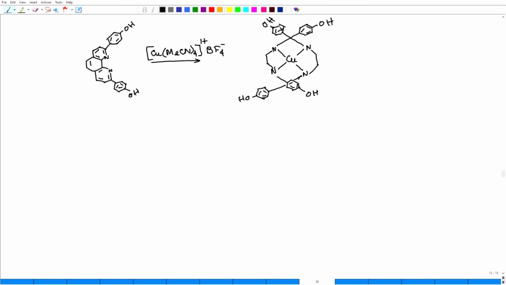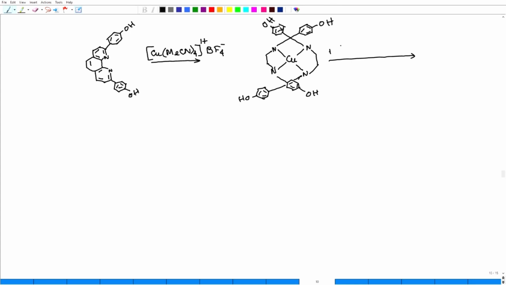And then, after molecular mechanics calculation and finding out the distance between here and here, and here and here, not here and here, this was the reagent chosen.